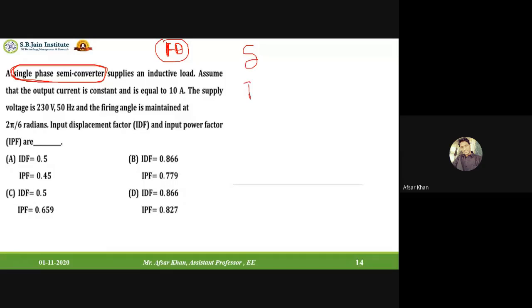What are given? I naught is 10 ampere. Alpha, tell me the alpha. 2 pi by 6, which means 60 degree. 2 pi means 2 into 180, 360, divided by 6.